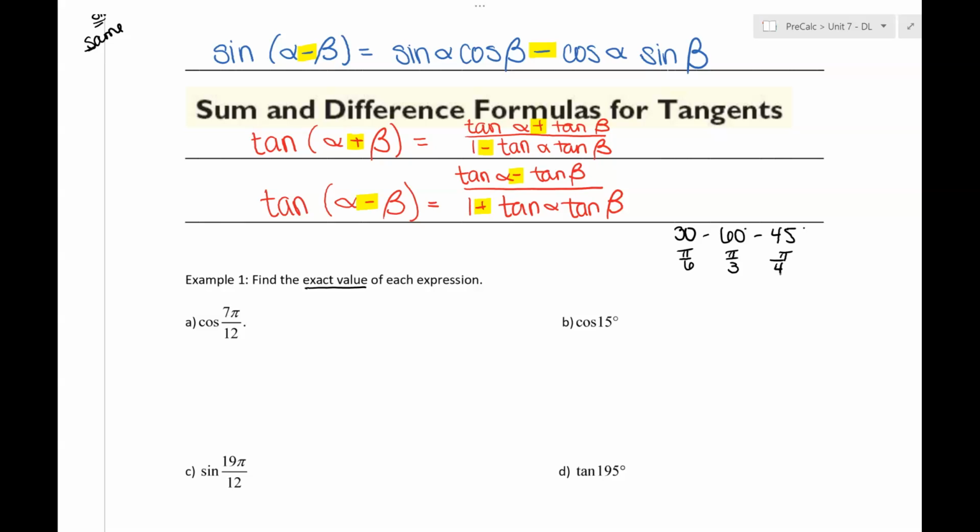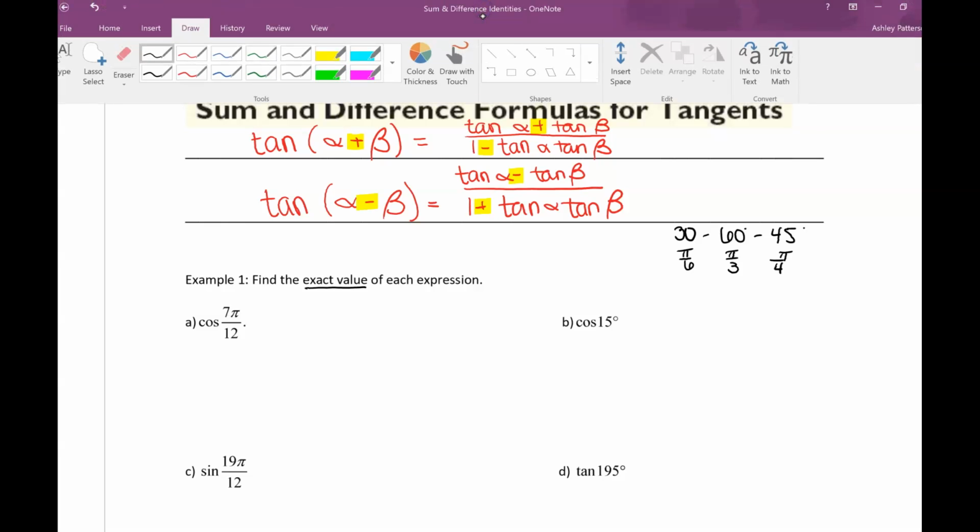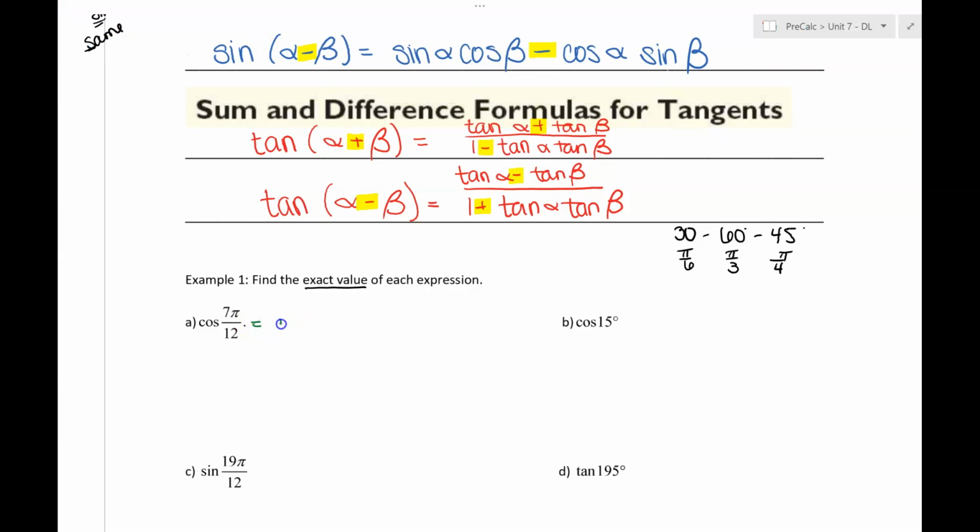So, gosh, okay. Sum and difference formulas. We know it's going to be cosine, and I know I'm going to have to add or subtract. And I'm going to try to add just because that'll come a little bit easier to me. So I could do pi over 12 and 6 pi over 12. 6 pi over 12 reduces to pi over 2, but I don't know pi over 12, okay? I could do 2 pi over 12 and 5 pi over 12, but we run into the problem with 5 pi over 12. We don't know what that is. Okay, let's see.